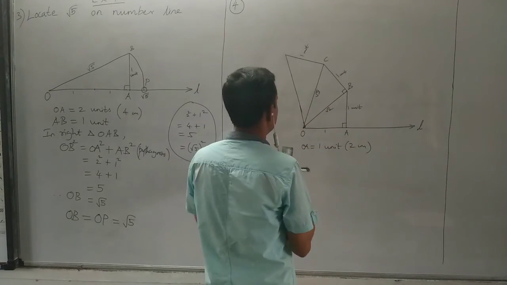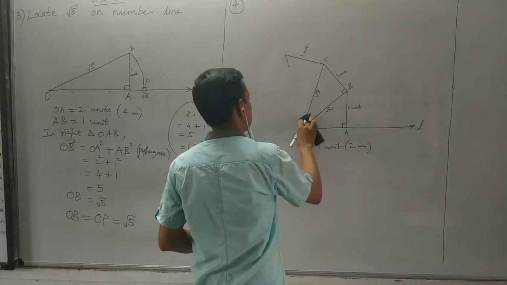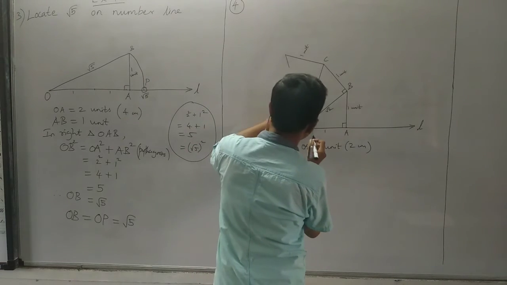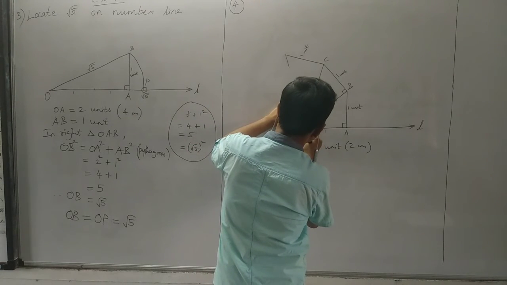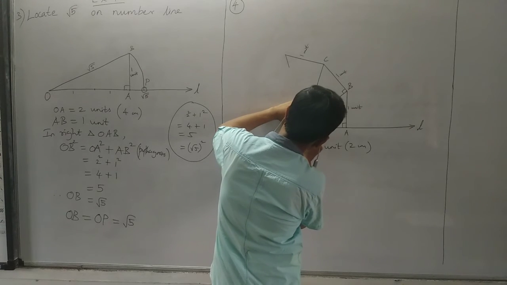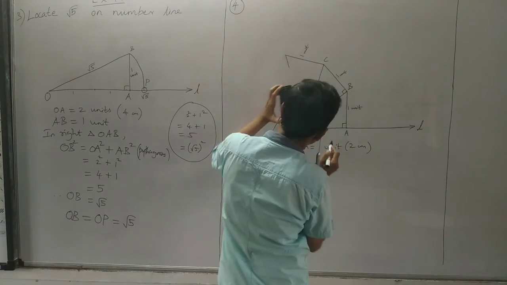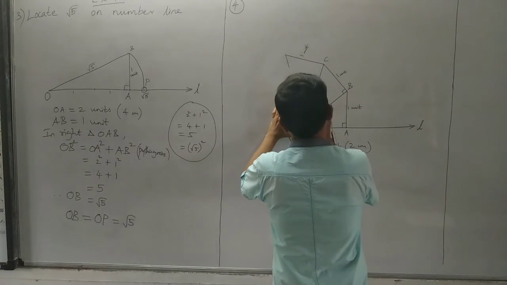Okay? So this you have to join. It's not clear, so with the measurement I am doing now, roughly I am doing here. So you take the scale properly with the ruler and you do it here.